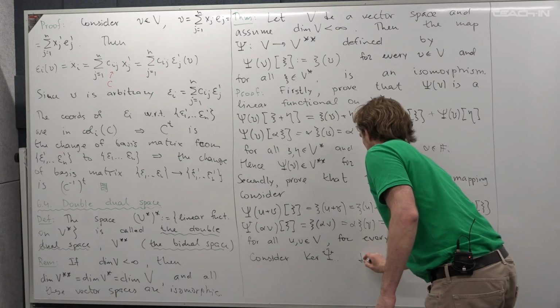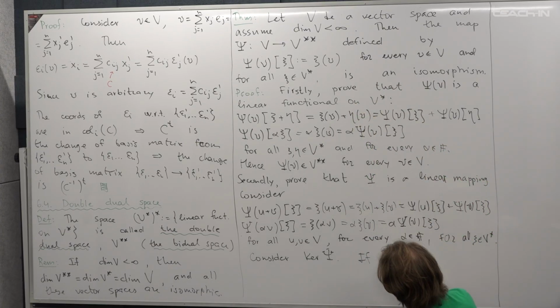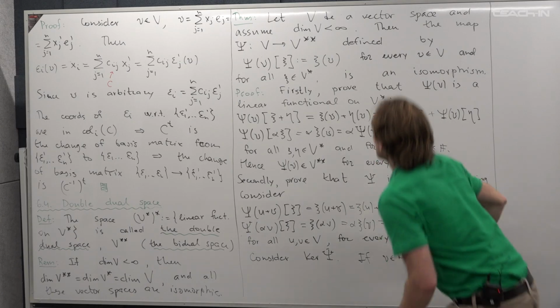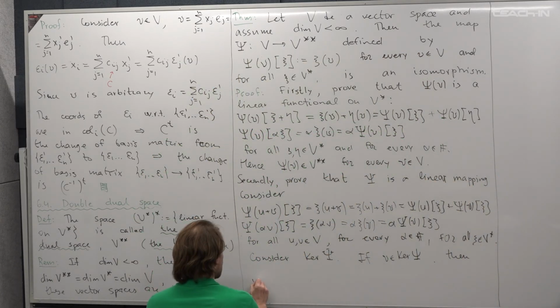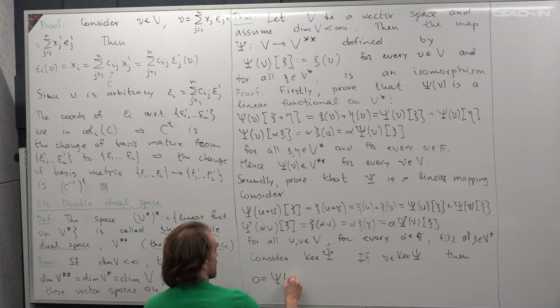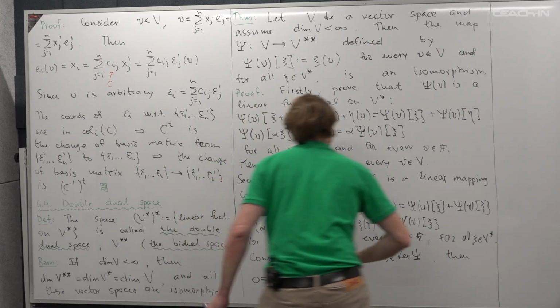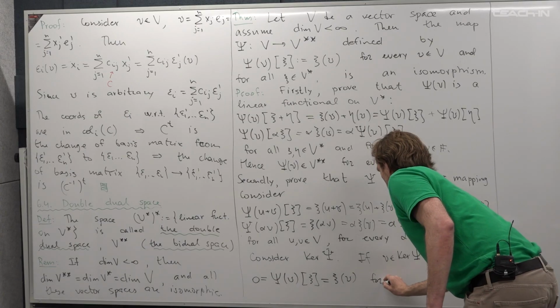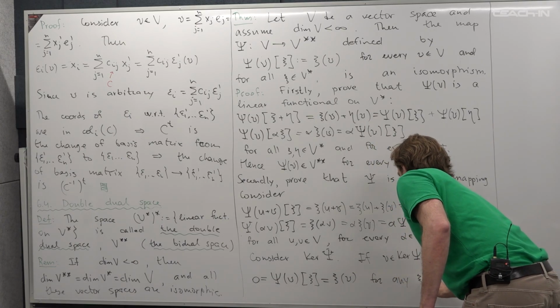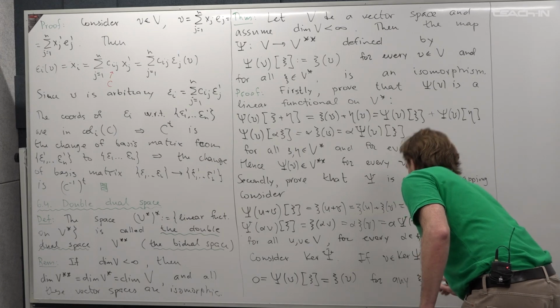If V belongs to the kernel of psi capital, then 0 equals psi capital of V applied to any linear functional. According to our definition, this is psi of V, and this should be 0 for any psi from the dual space.